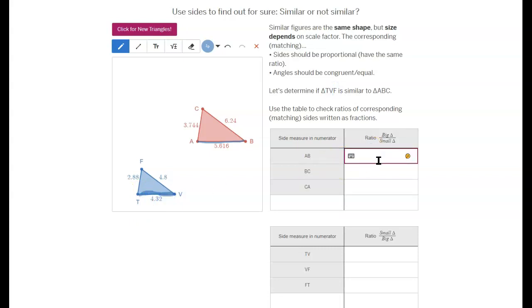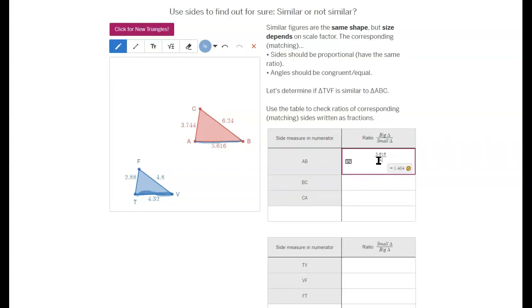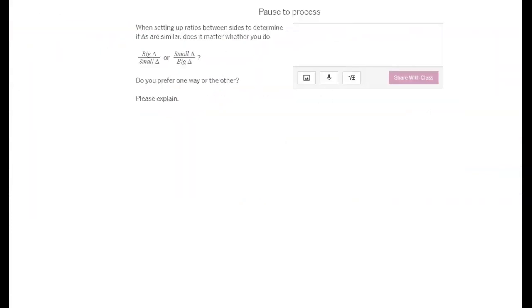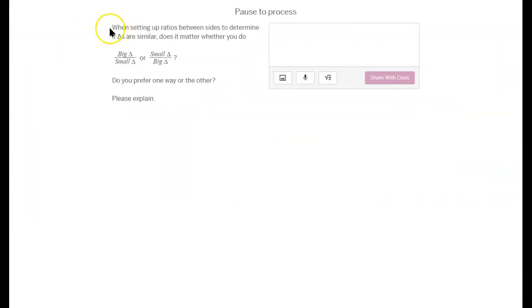So we're going to put 5.616 divided by 4.32, and it's going to give us a ratio. You're going to do that on each one of the slides, which will help you answer this question.